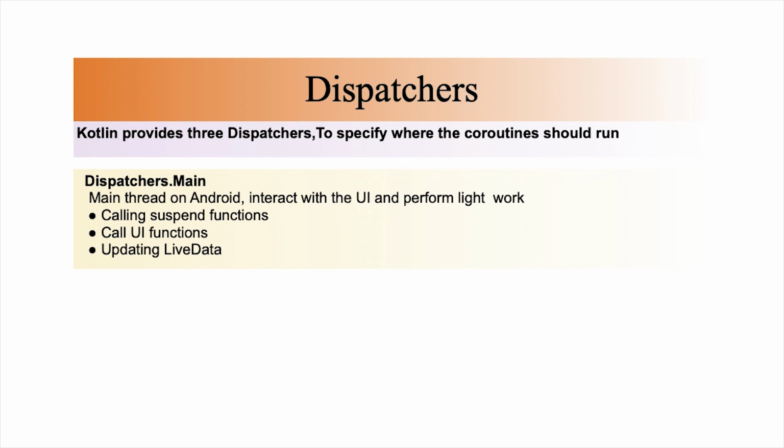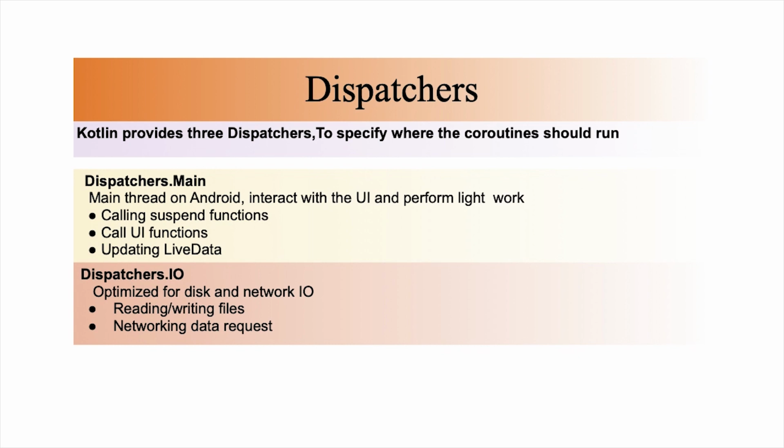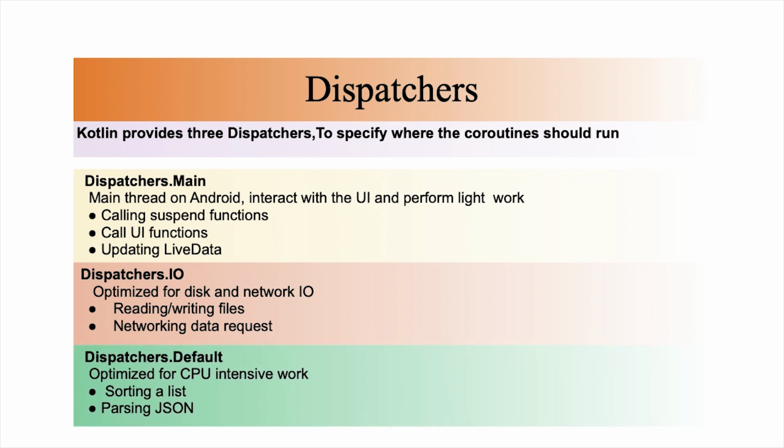Dispatchers.Main means the main thread on Android, used to interact with the UI and perform light work like calling suspend functions, calling UI functions, and updating LiveData. Dispatchers.IO is optimized for disk and network I/O, like reading and writing files and networking data requests. Dispatchers.Default is optimized for CPU intensive work like sorting a list and parsing JSON.